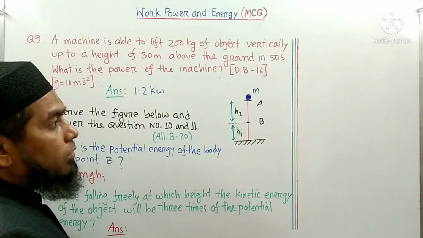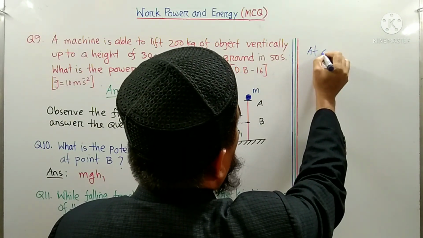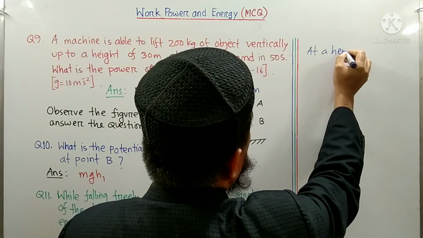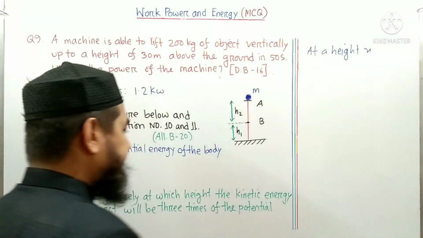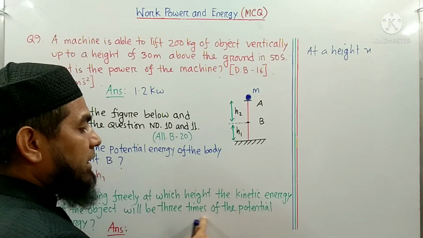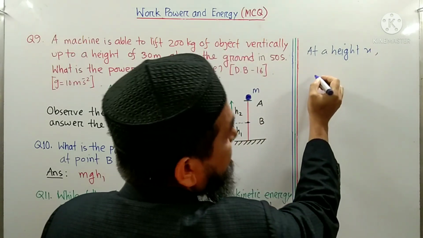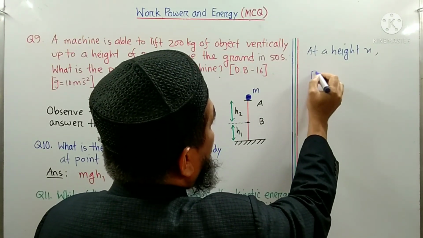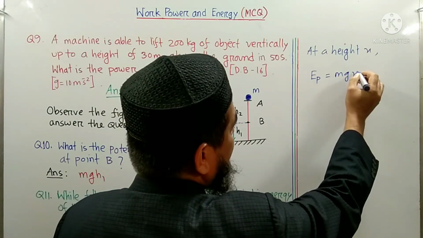So let us consider that at a height x, the kinetic energy of the object will be 3 times the potential energy. So at height x, the potential energy will be mgx.